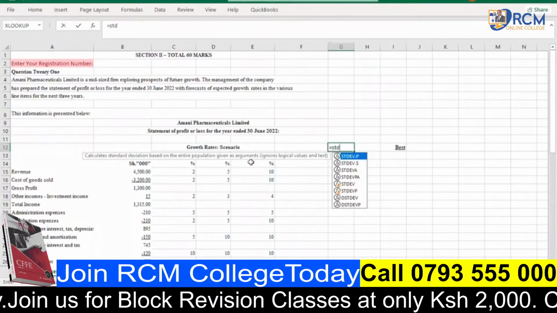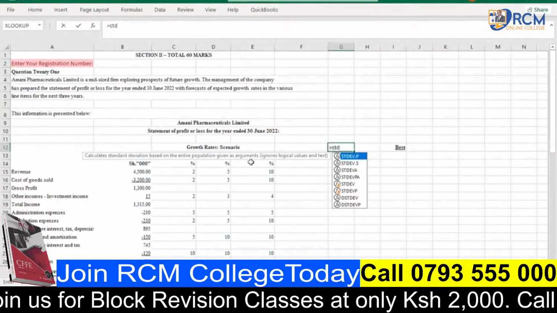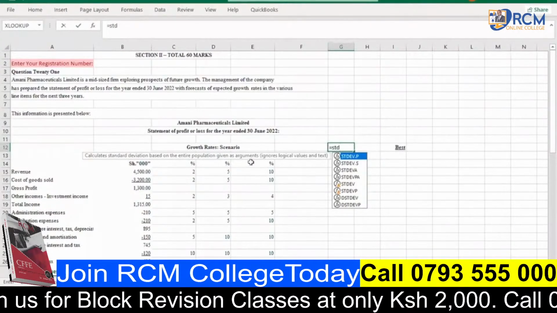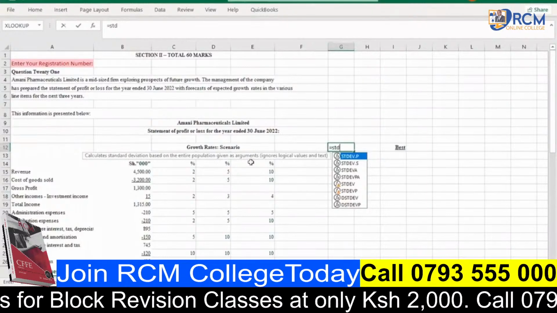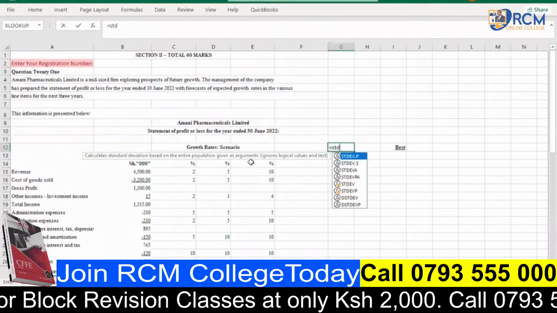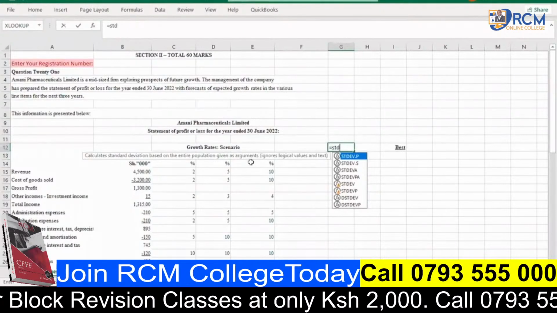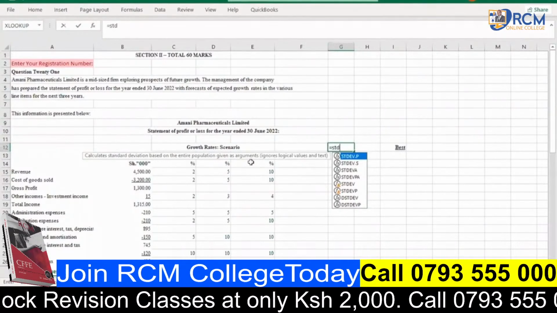Okay, so let's see. Standard deviation P. Is the statement given to us there true? It computes the standard deviation of an entire sample. Okay, let's get to standard deviation S, just below that.